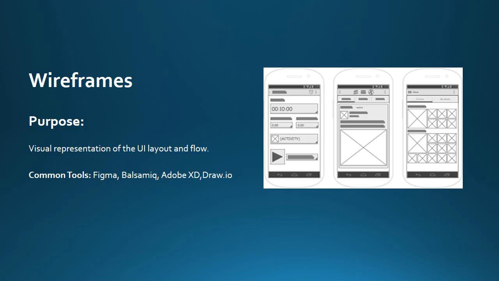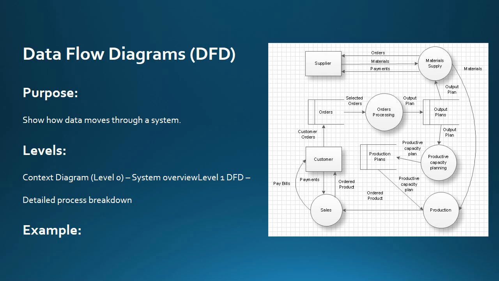Data flow diagrams, DFD. DFDs are critical for understanding how data moves through a system. Unlike process diagrams, they emphasize data sources, destinations, transformations, and storage rather than control logic. Key levels. Level 0, context diagram, high-level overview of system and external entities.